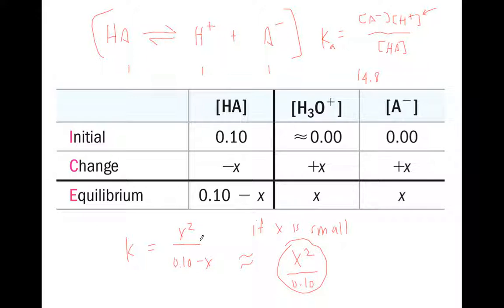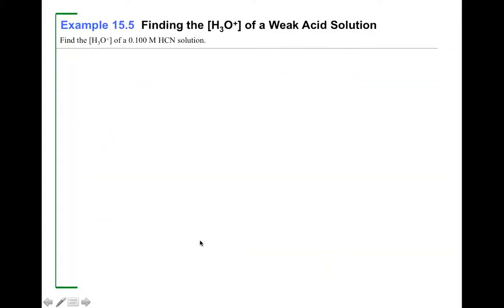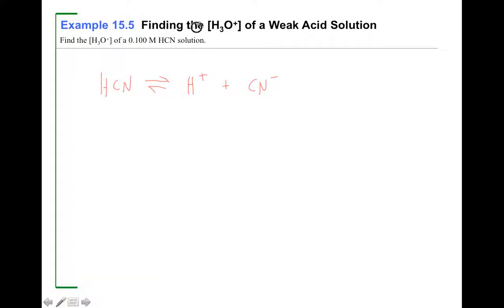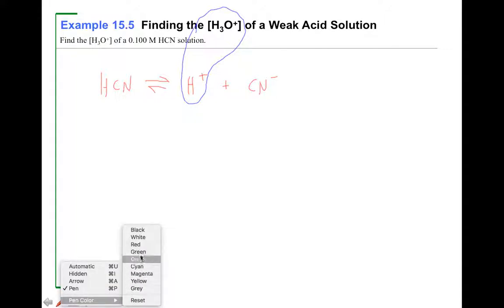Okay, so first of all, let's do finding the hydronium ion concentration of a weak acid solution. We've got to start here. We know that HCN is in equilibrium with H+ and CN−. Remember, I'm calling these things the same for simplicity's sake.